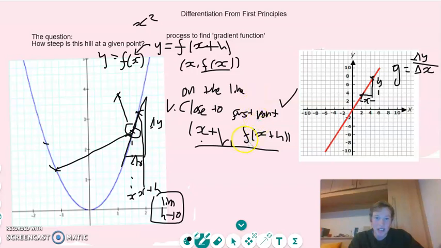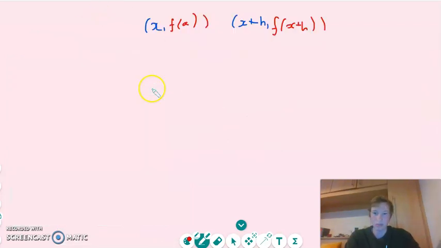And I've also said that the second point is on the line because there's no use of our second point being out here. That's not going to be very accurate, is it? So our second point is on the line, and that's because I put it into this formula. If the x-coordinate was x plus h, then the y-coordinate is f of x plus h.